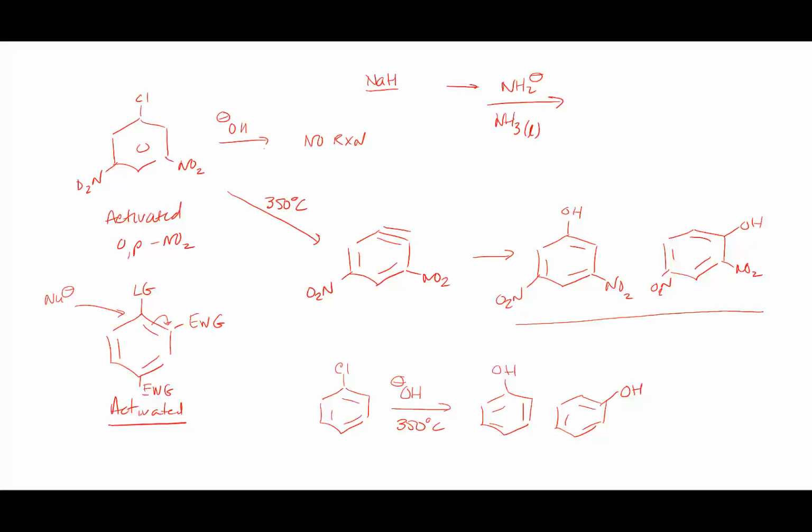The third one, what would be the other method you could look at? We could use Gattermann-Koch, we could use HCl, carbon monoxide, aluminum trichloride, copper chloride to do this.